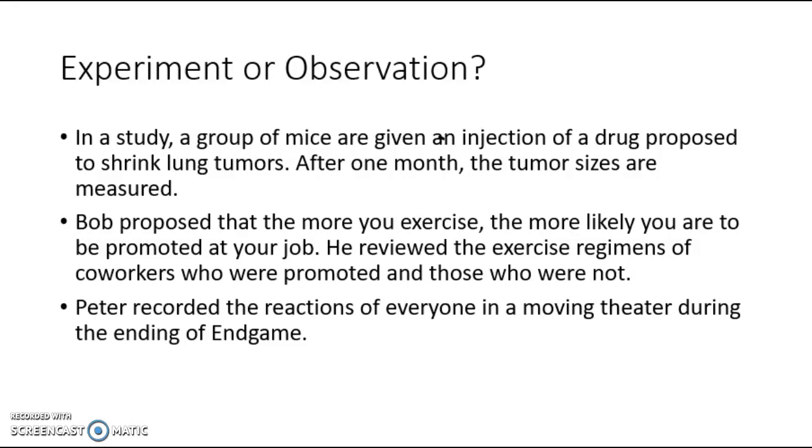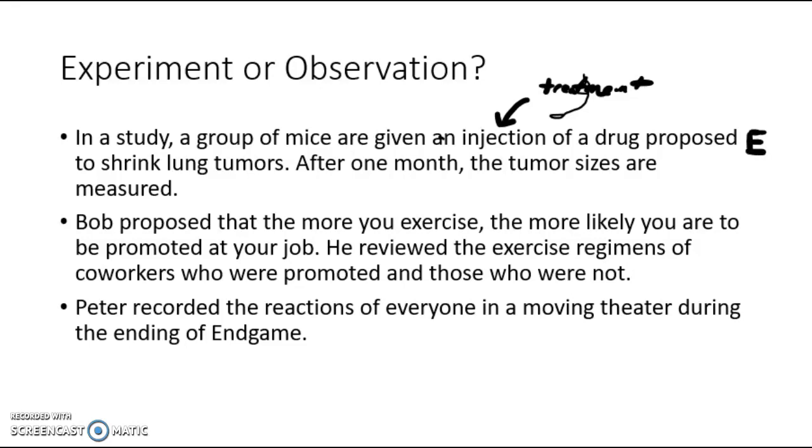So since you're actually imposing a treatment, you got a group of mice that are going to be given a certain injection. That is a treatment. So I'm just going to write that right here. Got a little lag. Holy cow, what is going on here? All right, so since you got a treatment, that means this one's going to be an experiment.